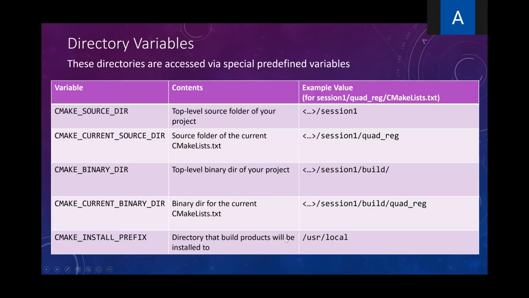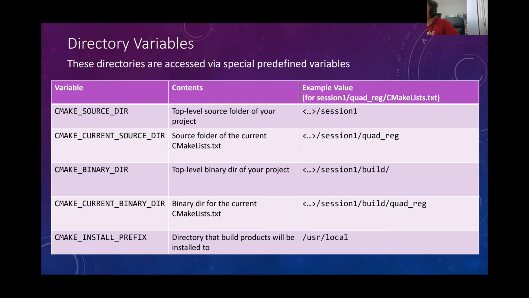Wait, Jamie, can you explain that again? It's a bit confusing. How do you determine what it is relative to? For which variable? For all of them. All of the current directory ones are relative to the current CMakeLists.txt. Basically, CMake creates a mirror of your directory structure. Let's see, did I actually set it up like this in the real thing?